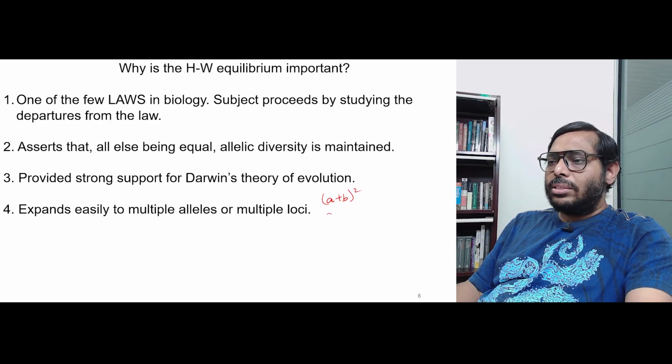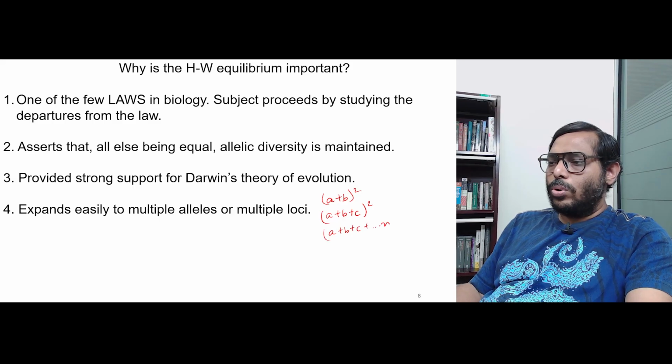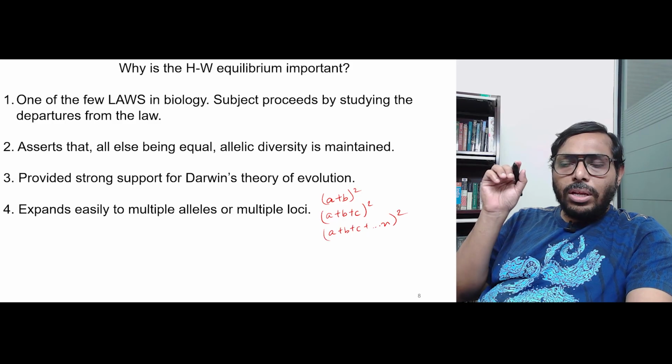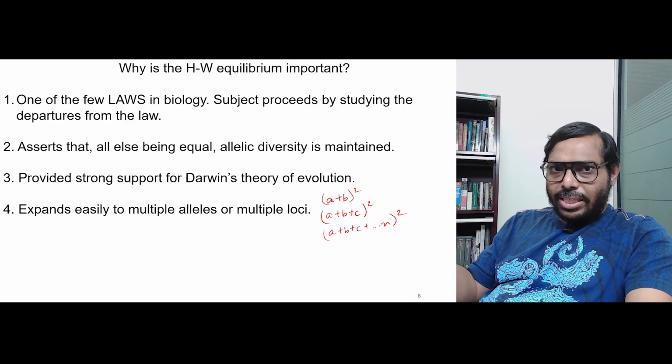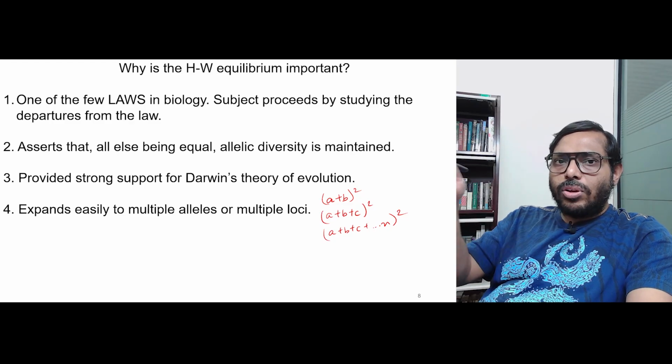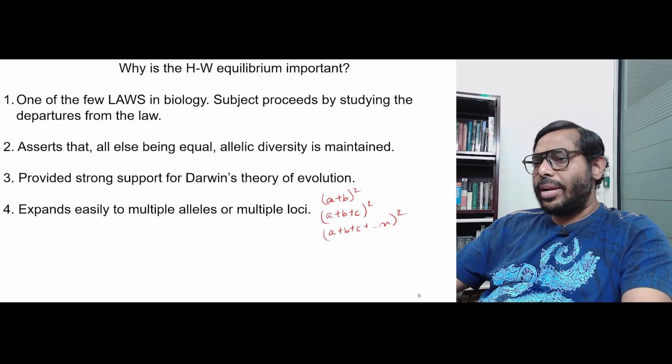If you have three alleles, it becomes the terms of the expansion (a + b + c)^2. If you have n alleles, it simply becomes (a + b + c + ... up to n)^2. So, the terms of this expansion give the various terms of the genotypic ratios, right?